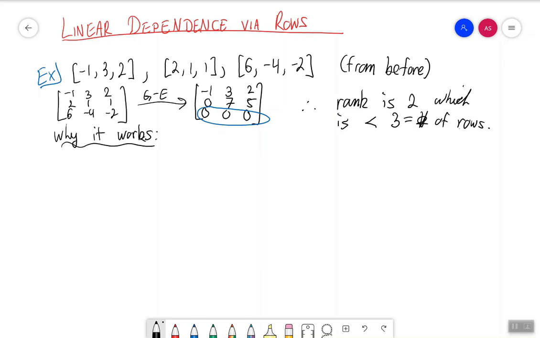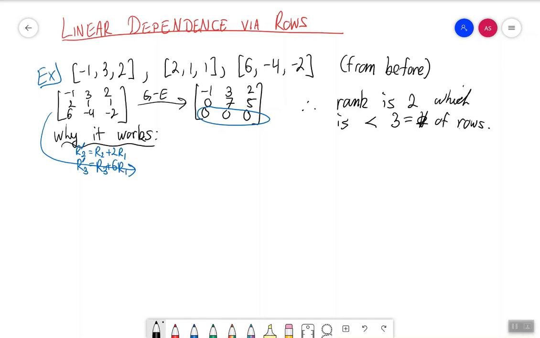Over here, I'm going to be very explicit in how I do the Gaussian elimination. So the first thing is I'm going to say, okay, let row 2 prime, our new row, be row 2 plus 2 times row 1. So that's old row 2 plus 2 times old row 1. And let's set row 3 prime equal to row 3 plus 6 row 1.